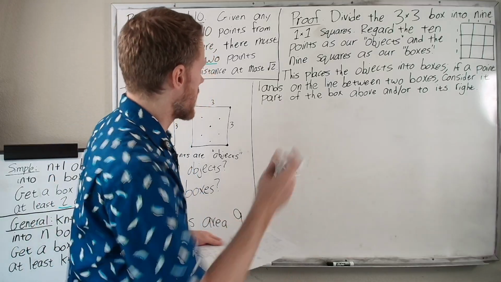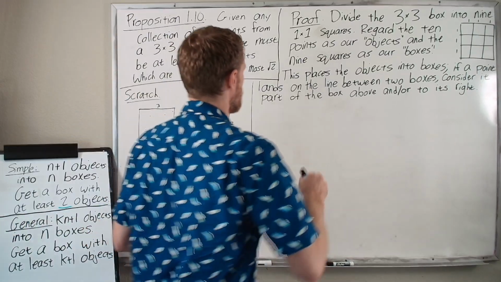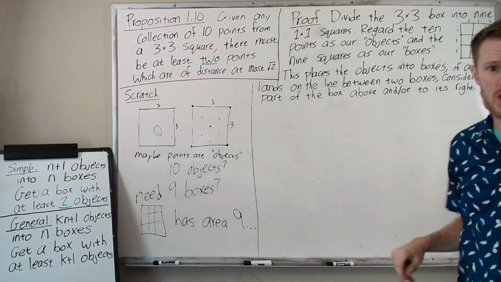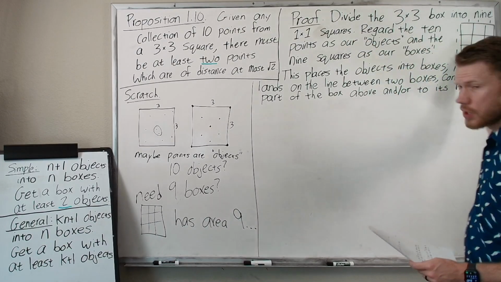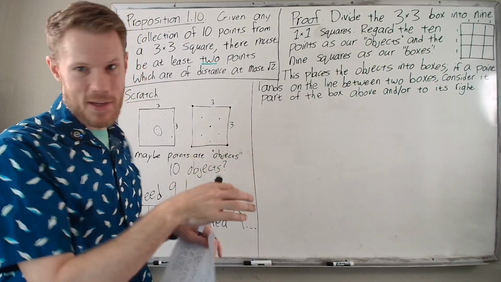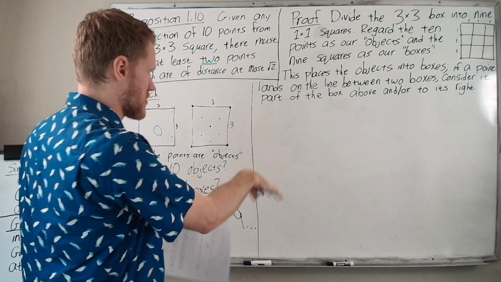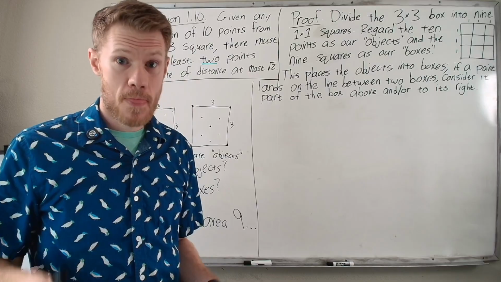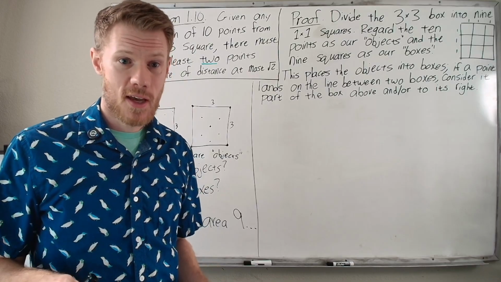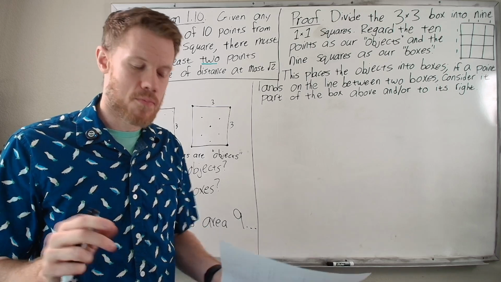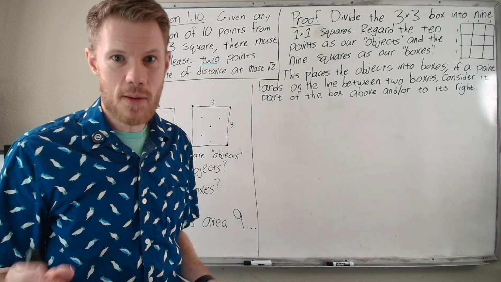Okay, so here's how I started the proof. Divide the 3 by 3 box into 9 1 by 1 squares. And then I included a picture off to the side. Typically I'd put the picture right below it, but just to save board space, I put it off to the side. But pictures are good. Go ahead and use pictures in your proofs in general. Now, using pictures is a little double-edged.